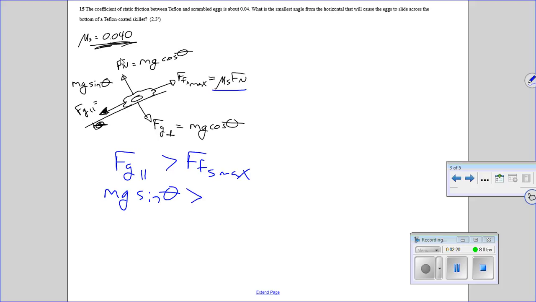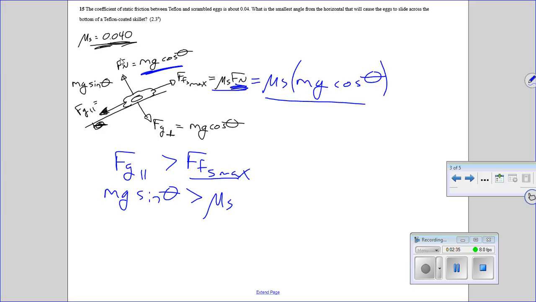This is really our coefficient of static friction times our normal force. But our normal force is just mg times the cosine of theta. So here's my F_s max: the coefficient times mg cosine theta.